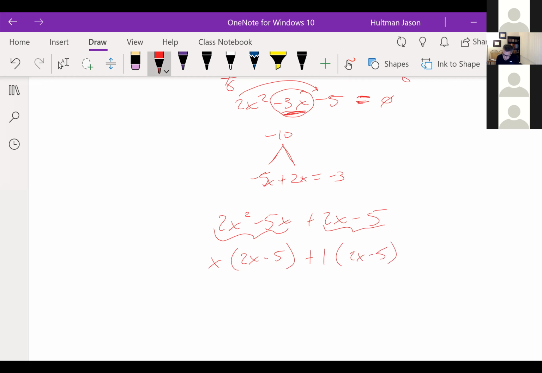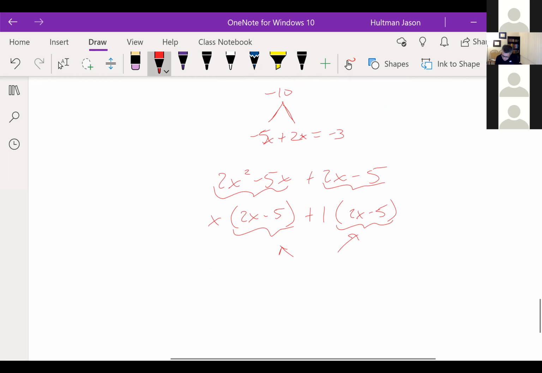And now I have identical twins, and I can factor them out. So I'm doing factoring, factoring, and then factoring. It's like factoring inception. But once I get my identical twins, I'm pretty much done with the problem, because I get 2x minus 5 times x plus 1. And that's how I factor.